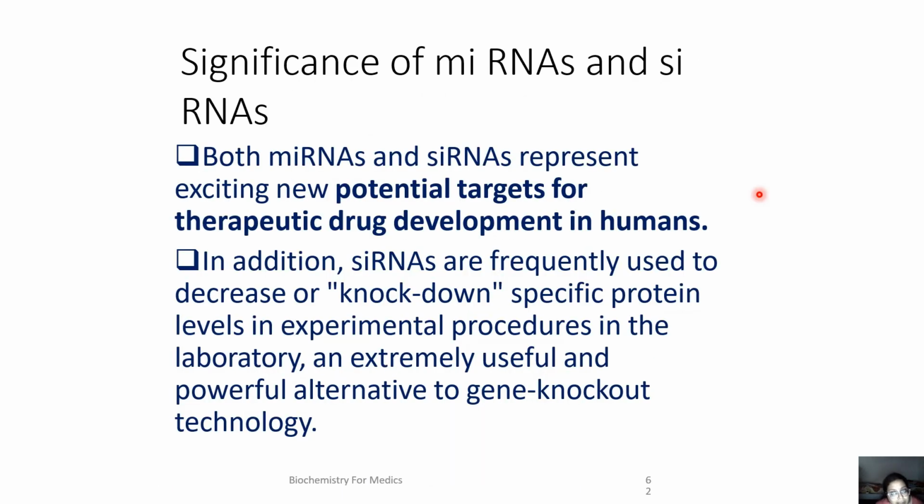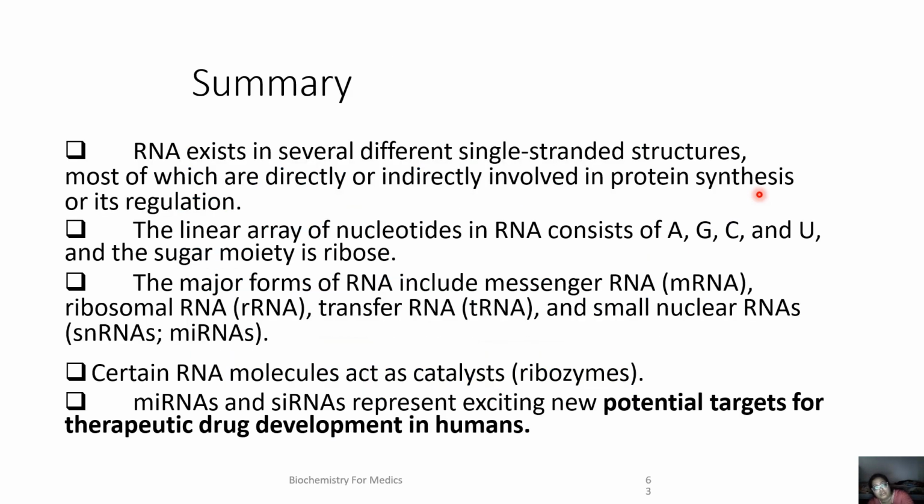So what is the significance of miRNAs? Both miRNAs and siRNAs represent exciting new potential targets for therapeutic drug development in humans. In addition, siRNAs are frequently used to decrease or knock down specific protein levels in experimental procedures. In the lab, they are an extremely useful and powerful alternative to gene knockout technology.